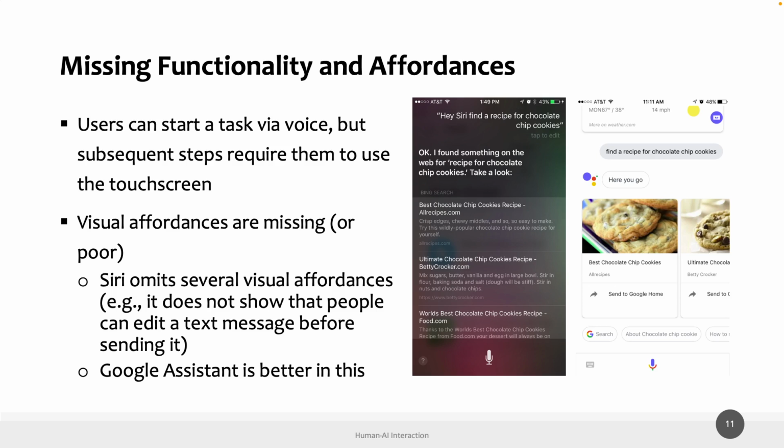And typically you end up taking the phone and writing the message with the touch screen. Google Assistant is slightly better in this respect. In the screenshot here, there are some visual affordances like the button about chocolate. So Google is using the screen to tell you some other actions that you can perform during the interaction.